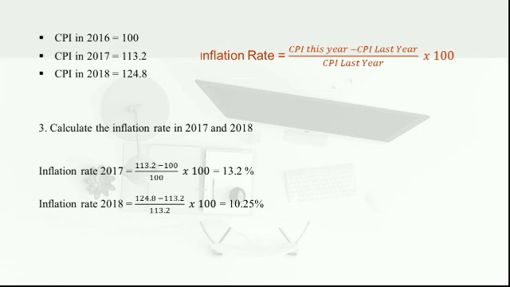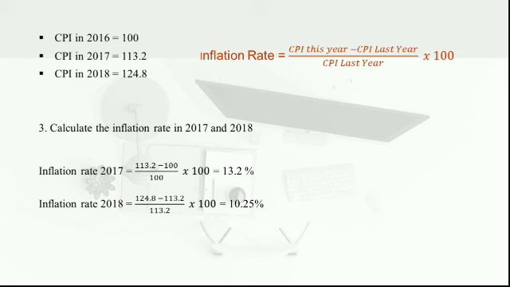The formula for the inflation rate is the same as before: CPI this year minus CPI last year, divided by CPI last year, times 100.